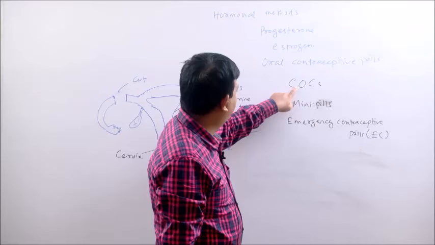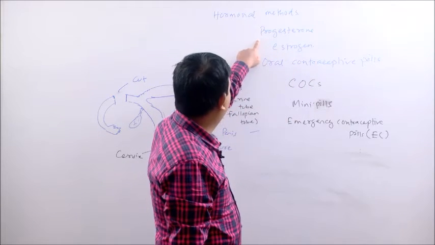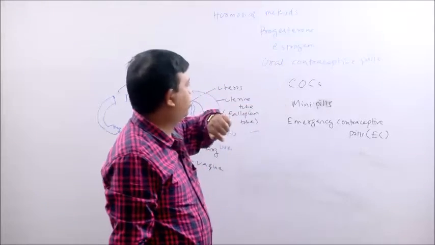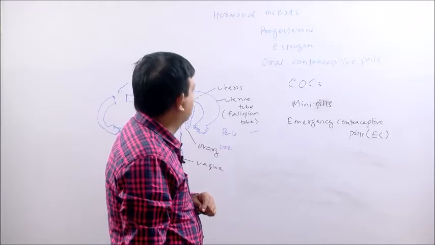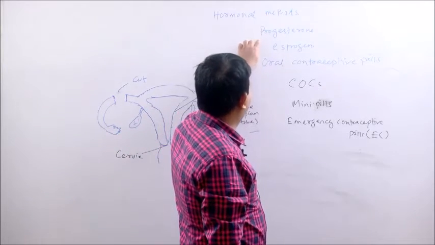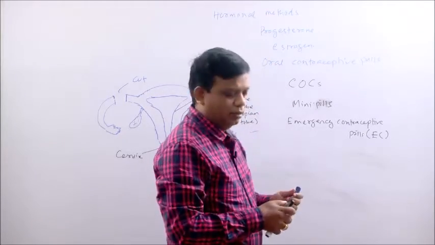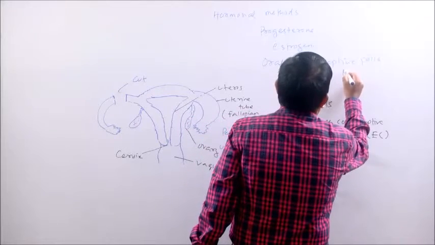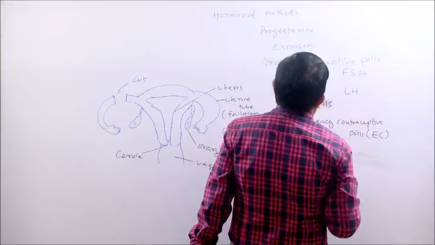It is called combined oral contraceptive pill because the pill contains the hormones progesterone and estrogen. These two hormones inhibit FSH and LH.